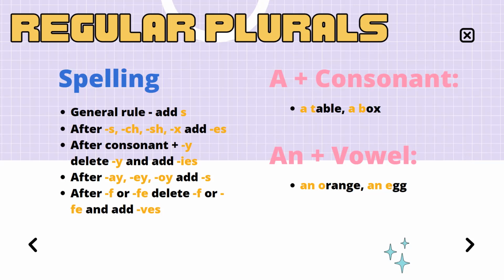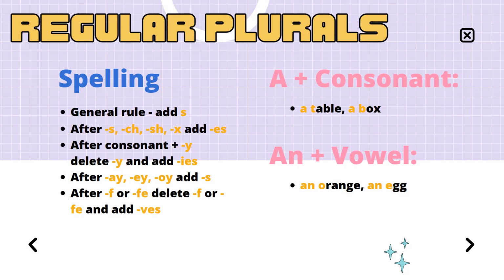If you have a word that ends in AY, EY, or OY, you have to add just S. After F or FE, you delete the F or the FE and you add VES.